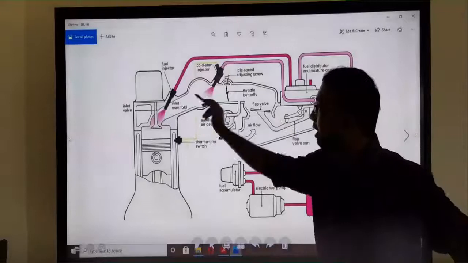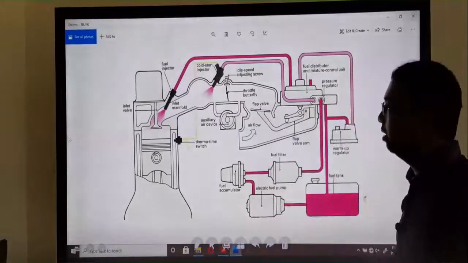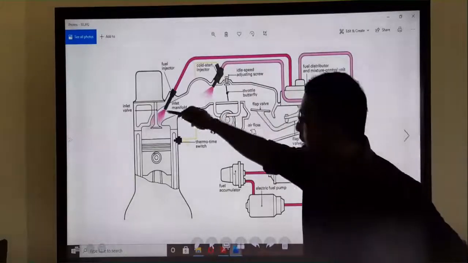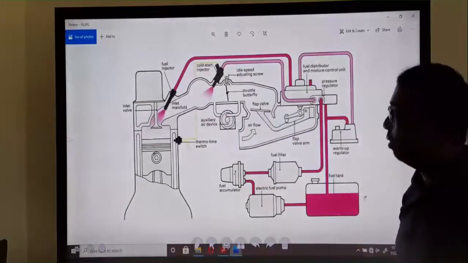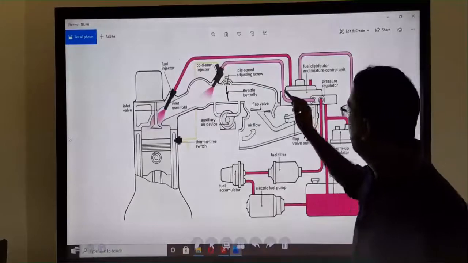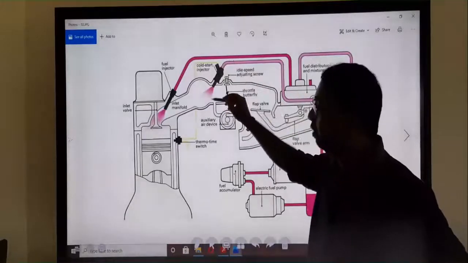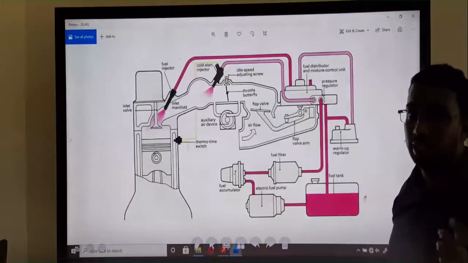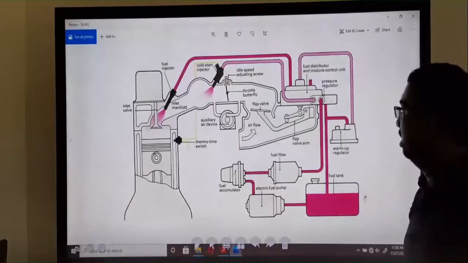This is the normal condition, and this is for the cold time. In the cold time there is extra fuel, and this injector also works. This injector also gives the extra fuel to start, because in the cold time we need a rich fuel mixture.